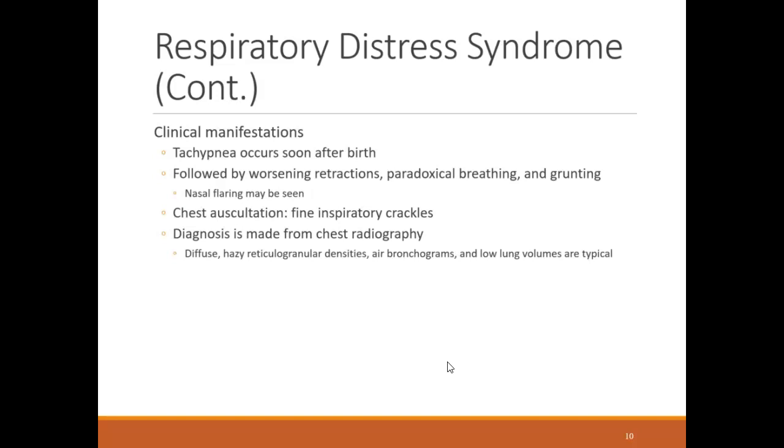Your chest x-ray is going to come back with diffuse, hazy, and the key terminology is a ground glass appearance or reticular granular densities. I always relate this to impressionist paintings, for those of you that like art.